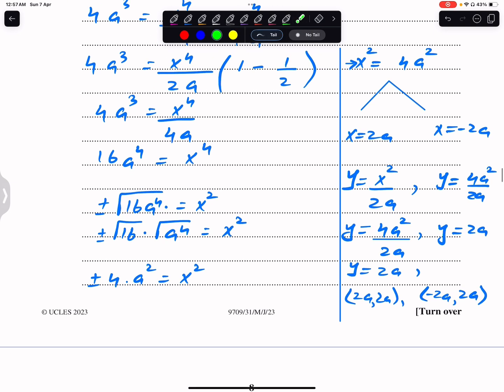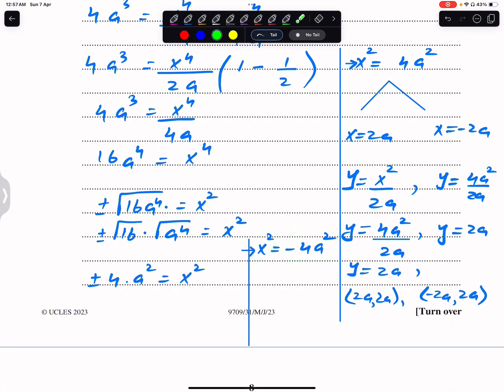And if you discuss the second case, and that says if you take x square is equal to negative 4a square. So students, you can see that this is not possible because a squared value cannot give you a negative answer.